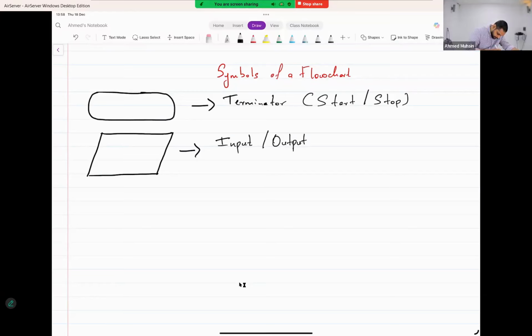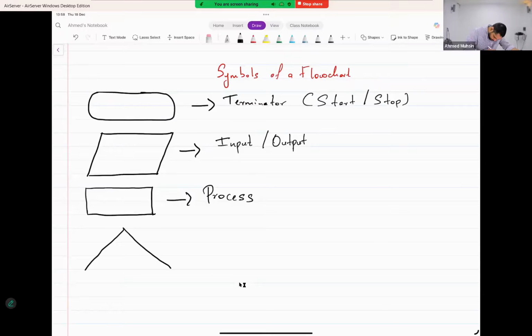Then, process. This represents a process. This represents a decision.